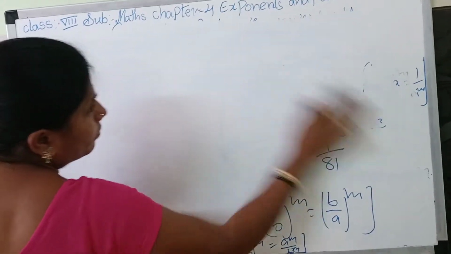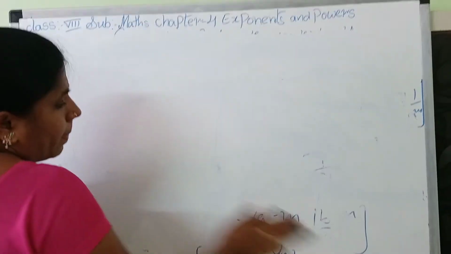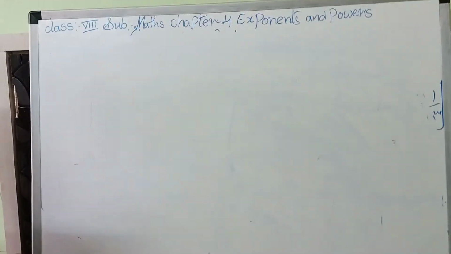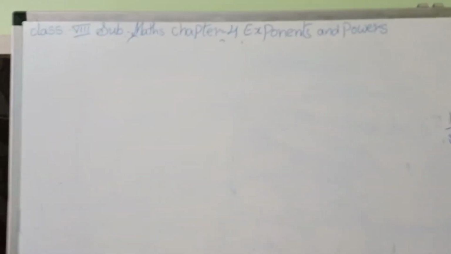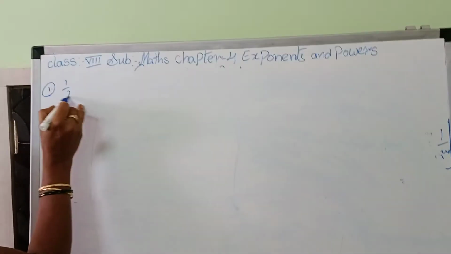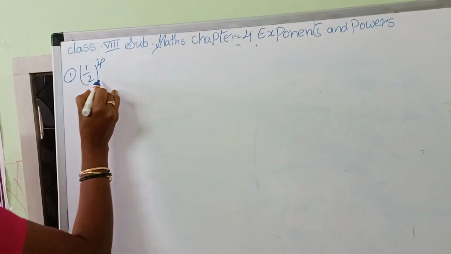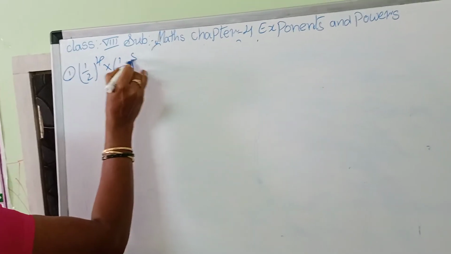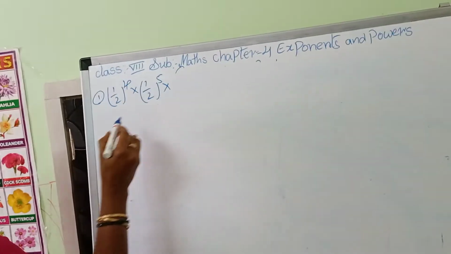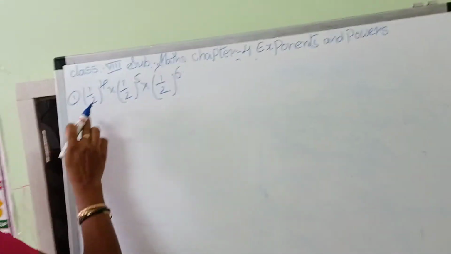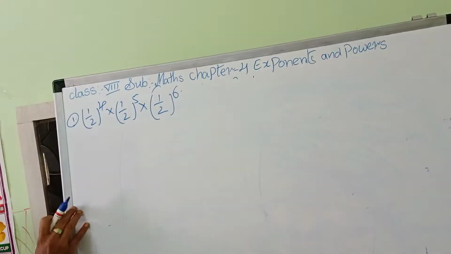The first one: 1 by 2 whole to the power of 4 into 1 by 2 whole to the power of 5 into 1 by 2 whole to the power of 6. Here the bracket term is the same.